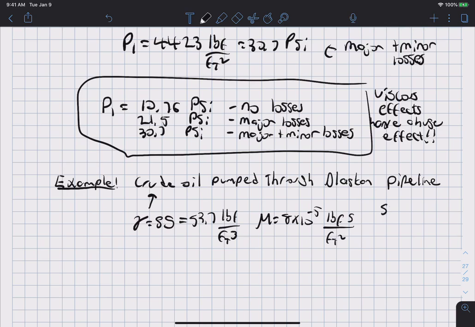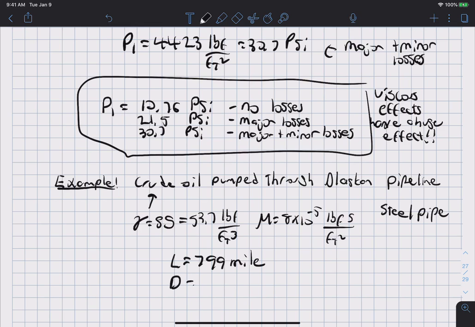And it's a steel pipe. Okay, and the length of the pipe is 799 miles, so it's very long.